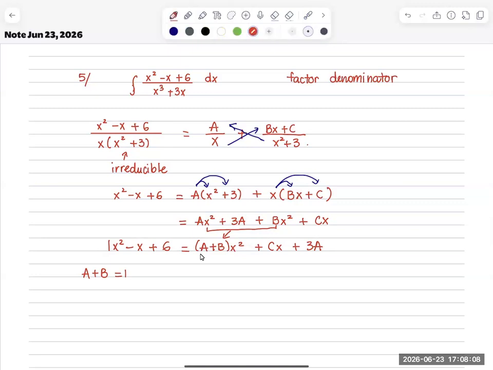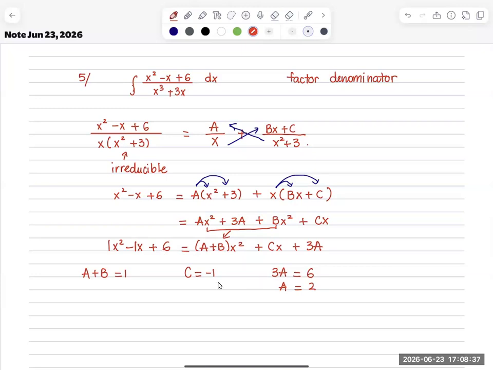For the next coefficient, it is negative 1 for x on the left, and on the right side I have C. So C must equal negative 1. The last term is the constant term. On the right side it is 3A, on the left side it is 6. So 3A must equal 6, and from that, A equals 2.